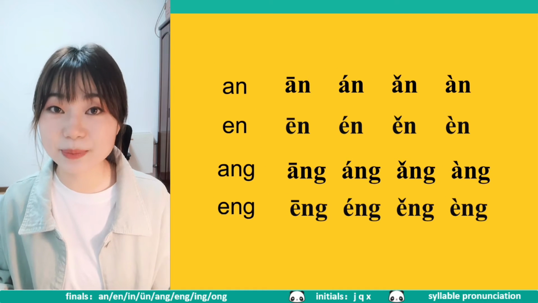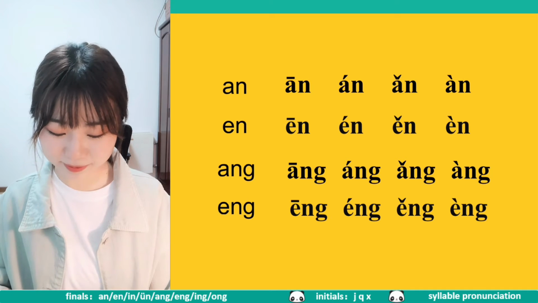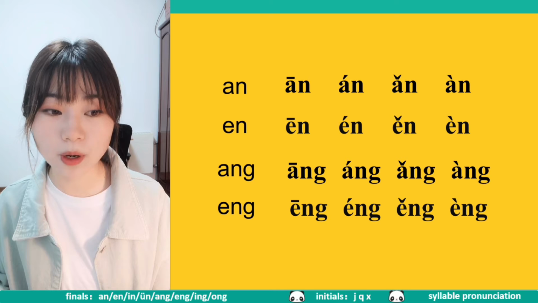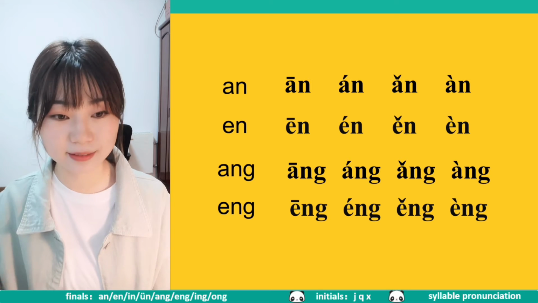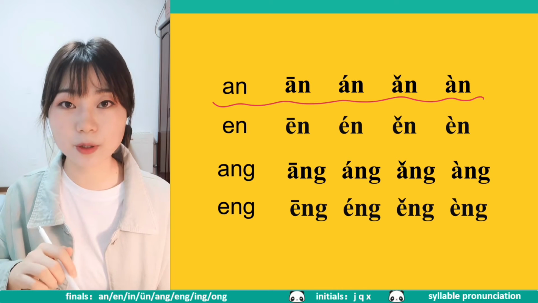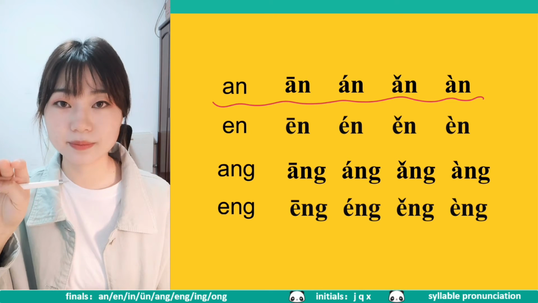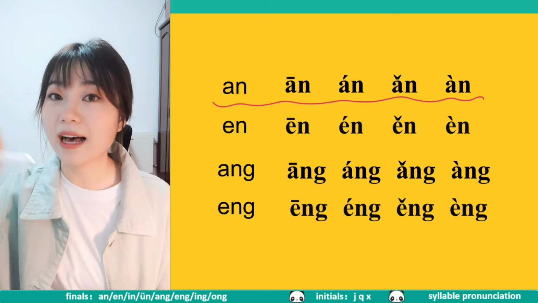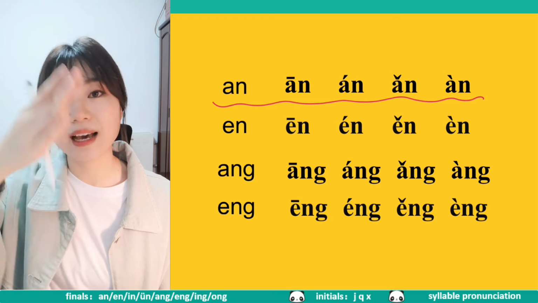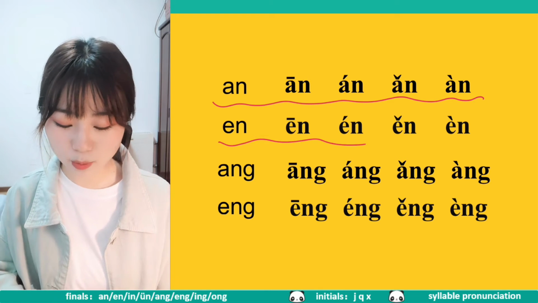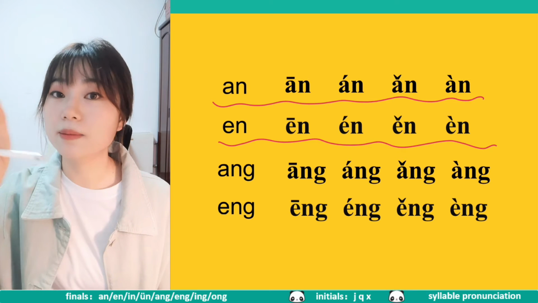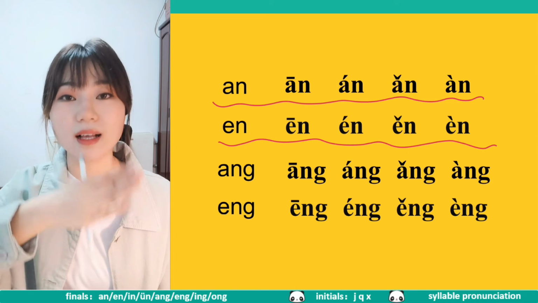Okay, next, let's place tone marks on them to practice. All those finals only have one vowel in them, so naturally the tone mark should be placed on the only vowel. Okay, practice with me. The first tone, an. The second tone, an. The third tone, an. The fourth tone, an. And the next one. The third tone, an.